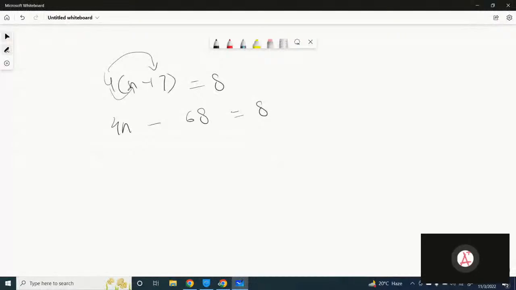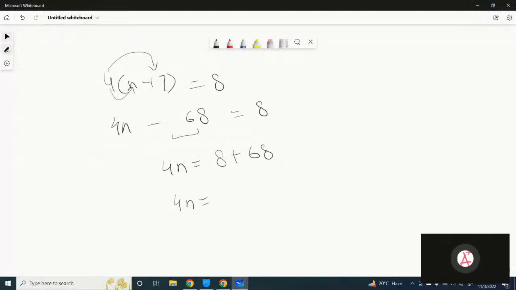Got it? Now shift that negative 68 to the other side, so it would be added. Got it? So it would be 8 plus 68. So 8 plus 68 is 76.